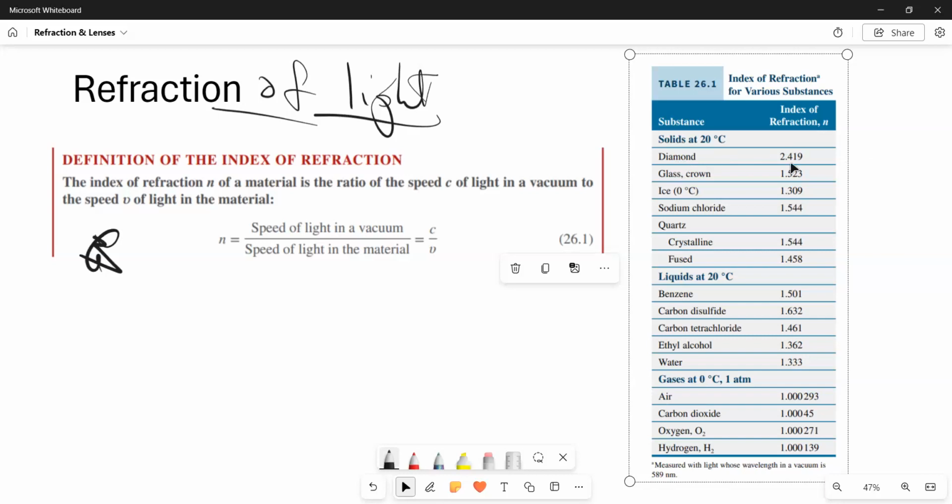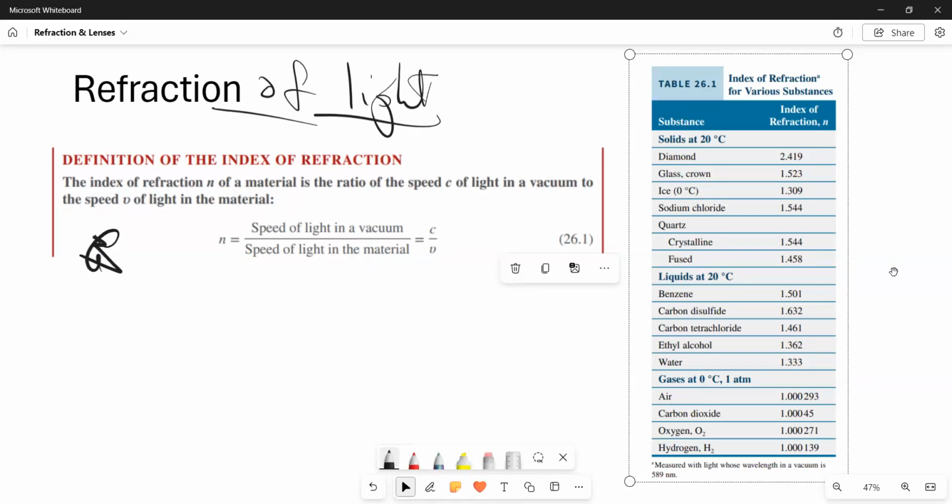So you see diamond, it's 2.419. Glass, then we have ice, all these substances. So, okay, let's take diamond.